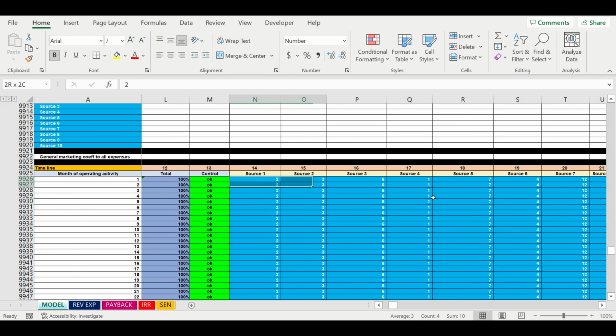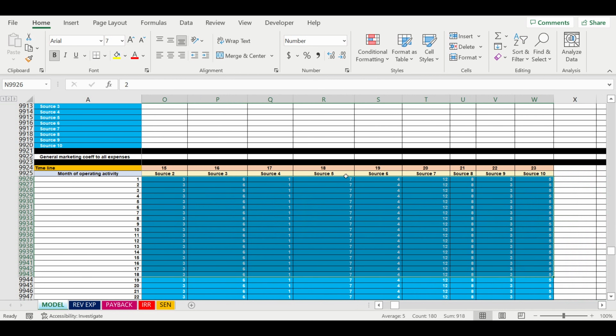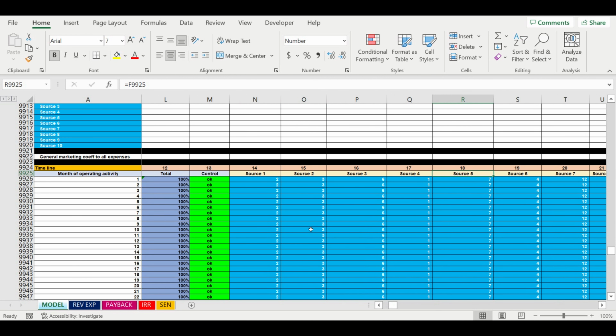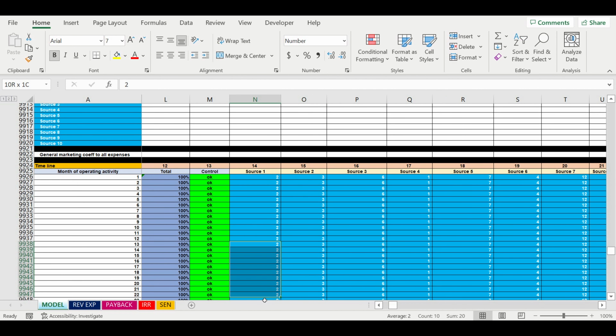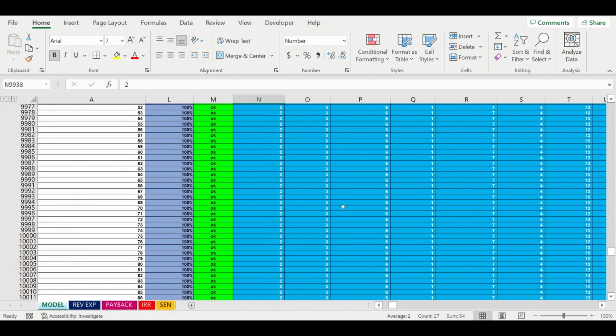So here we can specify the cost of acquisition of one customer from each source, and this cost of acquisition may have dynamic value. For example, during the first 12 months we can have one cost of acquisition, then we can have another value of acquisition of one customer, and so on. So this is a dynamic feature.